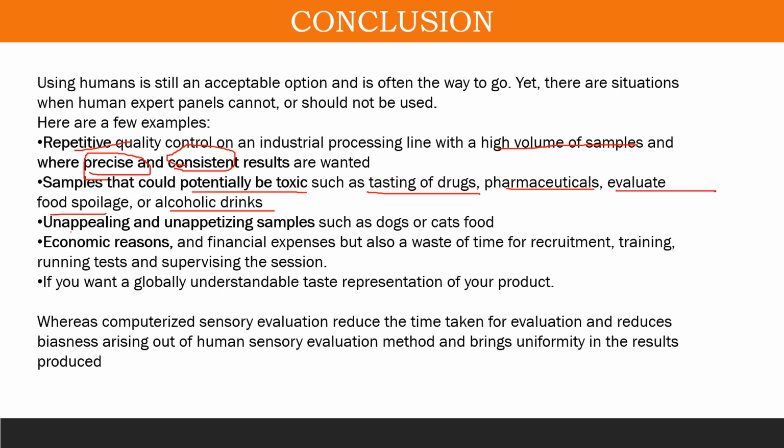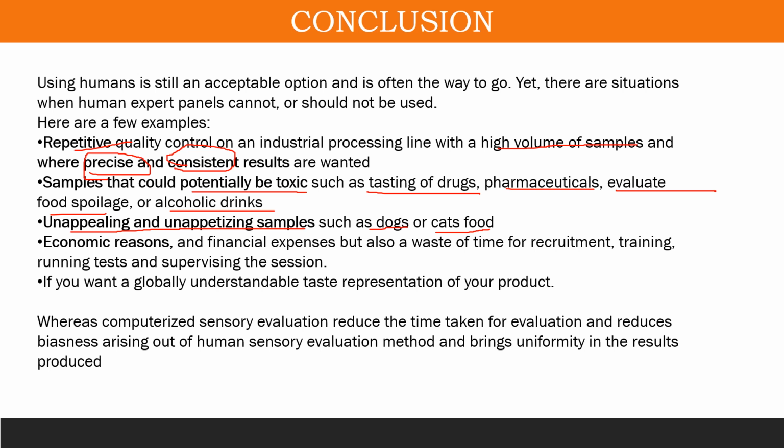And unappealing and unappetizing samples such as dog and cat food cannot be evaluated through human senses. We should use computer-aided sensory evaluation for the evaluation of such types of foods. And also there are the economic reasons and financial expenses that occur for the time of recruitment, training, running tests, and supervising the sessions.